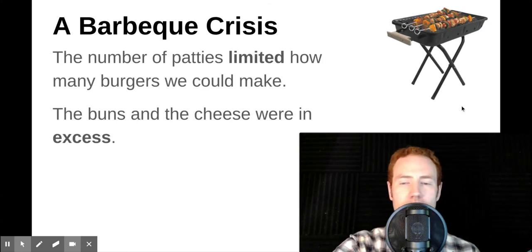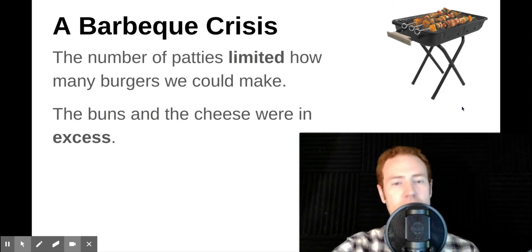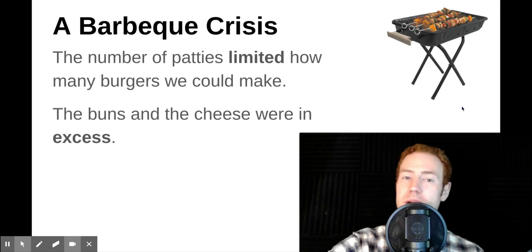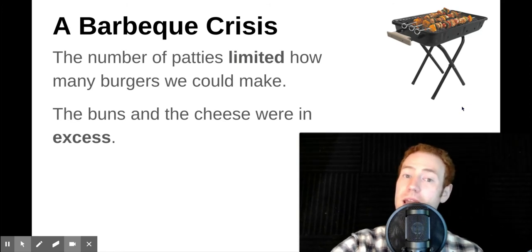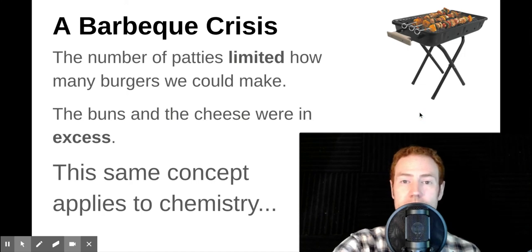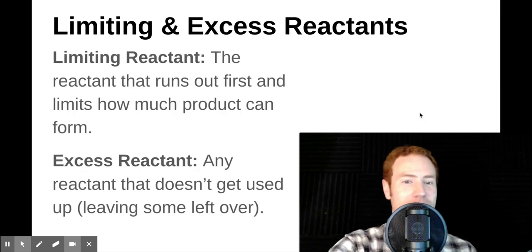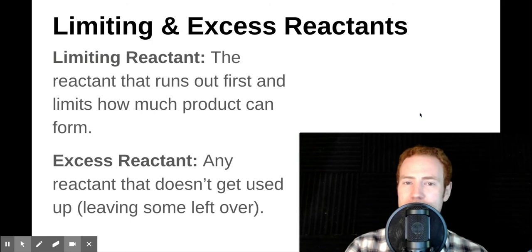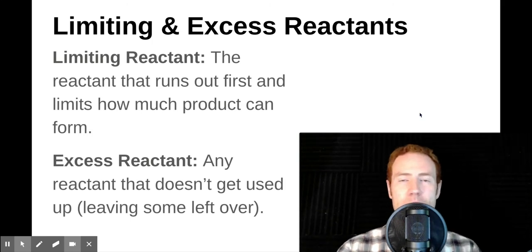So the number of patties that we were dealing with, that is the thing that limited how many burgers we could make. And then the buns and the cheese were in excess, which gets us to our first set of chemistry concepts, limiting reactants and excess reactants. Because in a chemical reaction, the same exact thing happens.